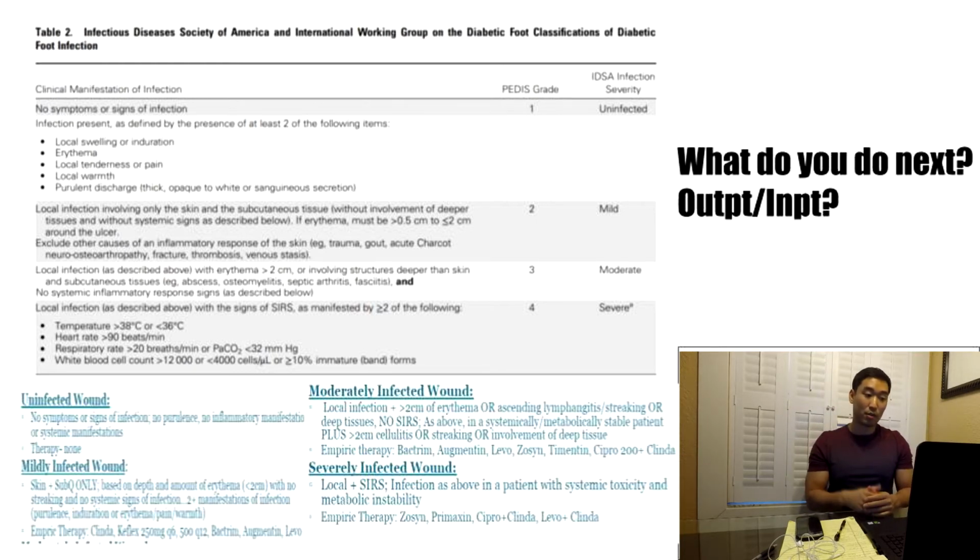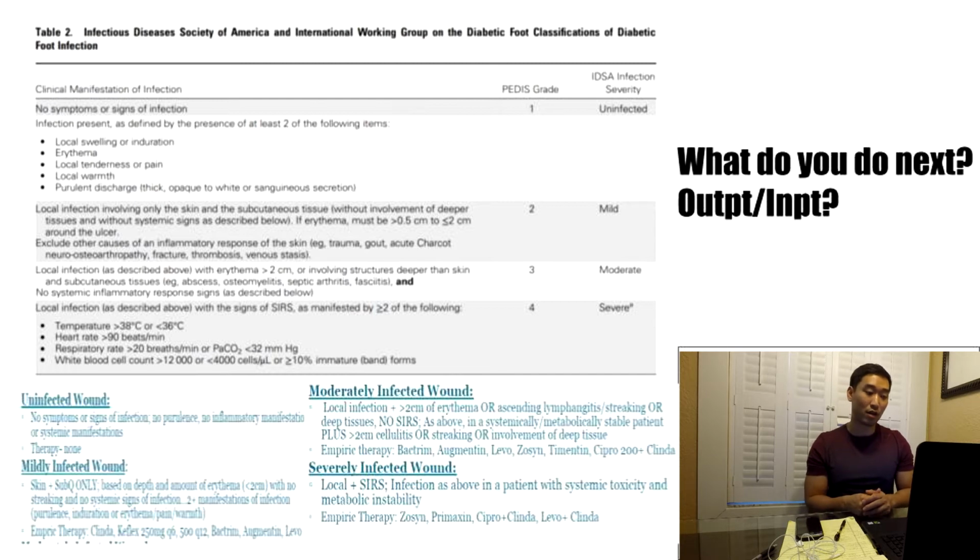A moderately infected wound can be treated with Bactrim again, with a little bit more, levofloxacin, which is a quinolone. Zosyn comes in, Timentin comes in, a little bit more of a heavy hitter. And in severely infected wounds, it's going to be a combination of Zosyn, Primaxin, which is also a very strong antibiotic, cipro plus clindamycin, levo plus clindamycin combination.